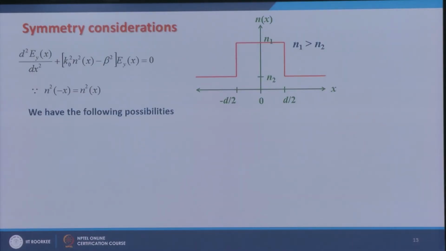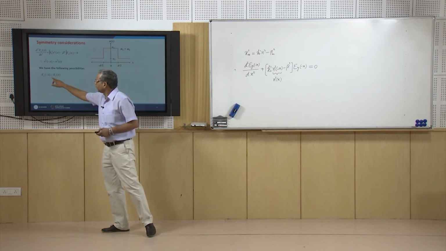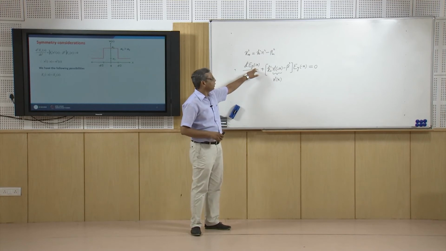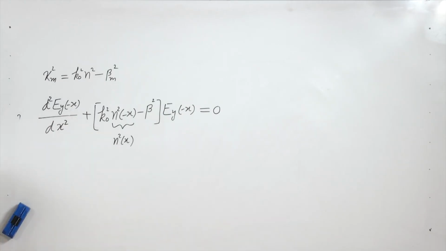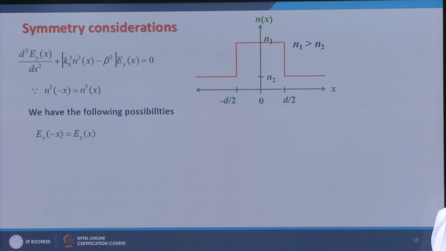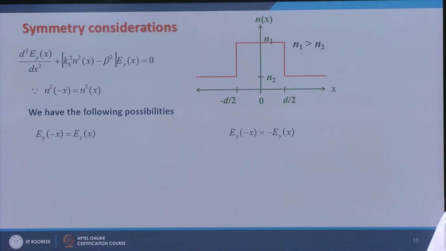I now have two possibilities, which are Ey of minus x is equal to Ey of x. If I put Ey of minus x is equal to Ey of x, I get back the same equation, or if I put Ey of minus x is equal to minus Ey of x, then also I get back the same equation.